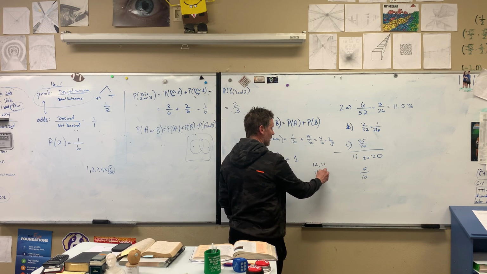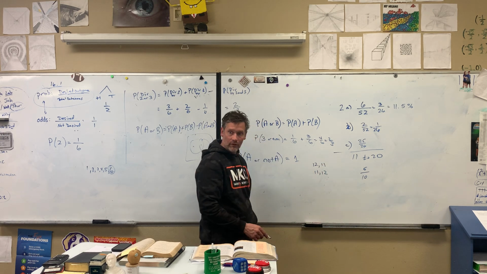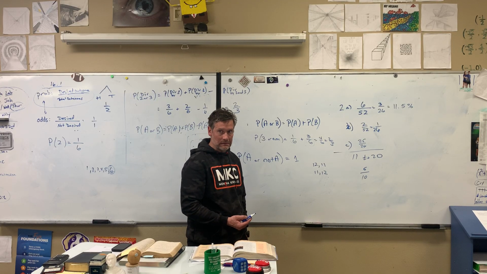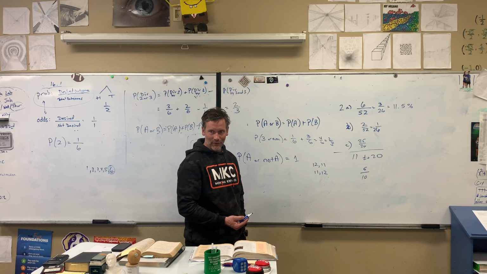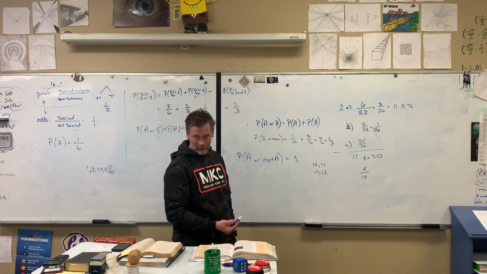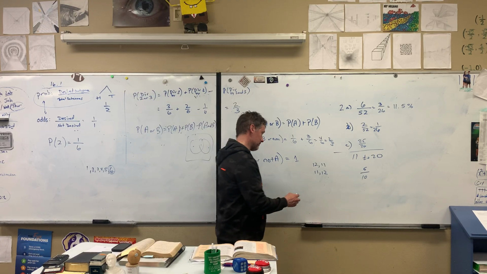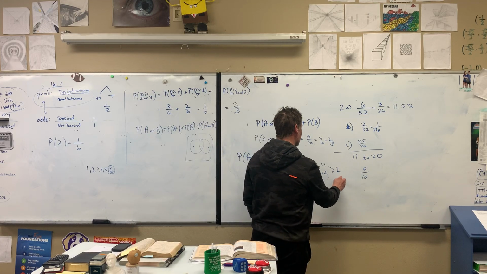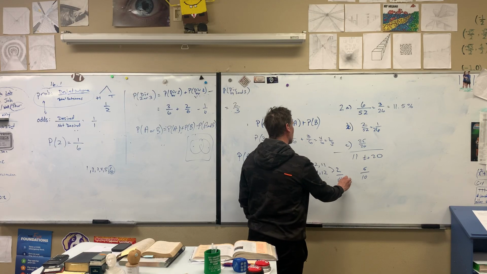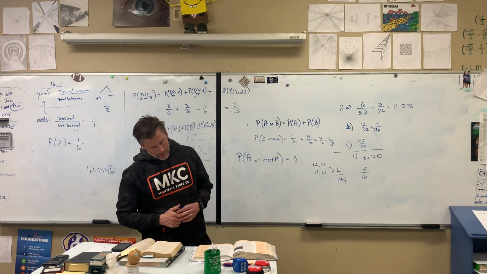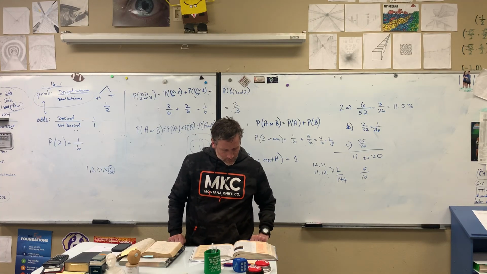Or you could have an 11 and a 12. That's it, right? So there's how many? 1, 2. 2 out of 144. So there's only 2 options, and then there's 144, so it'd be 1 over 72. Yep.